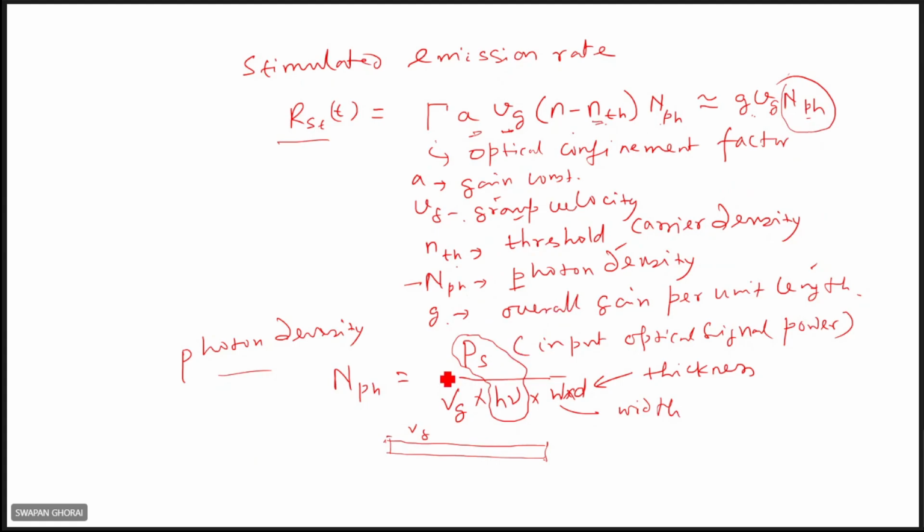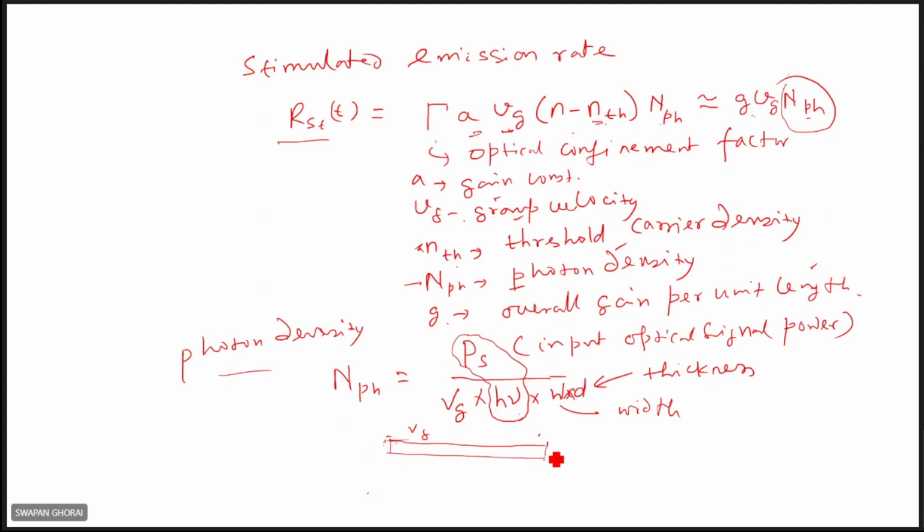How is photon density calculated? If you know the input signal power, say P_S, then P_S by h nu will provide the number of photons incident per second. You want to calculate the photon density, photons per unit volume. If v_g is the group velocity in centimeters per second, consider one second, so it will be v_g centimeters.